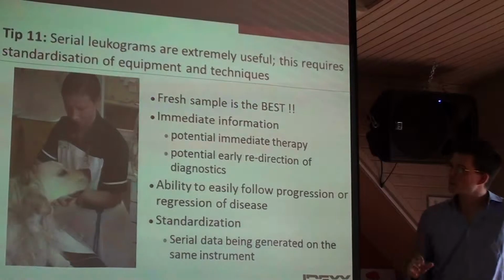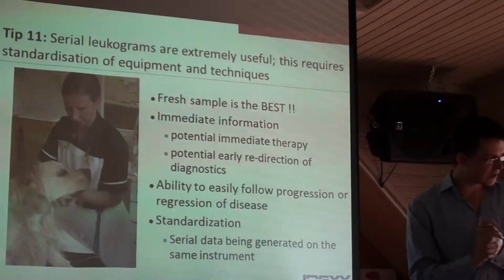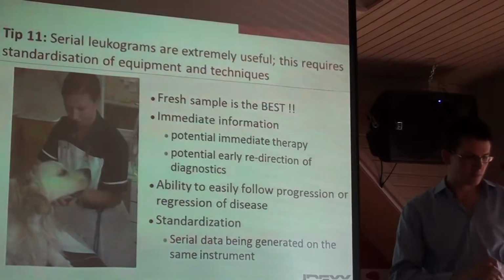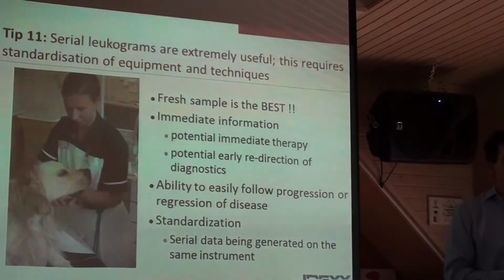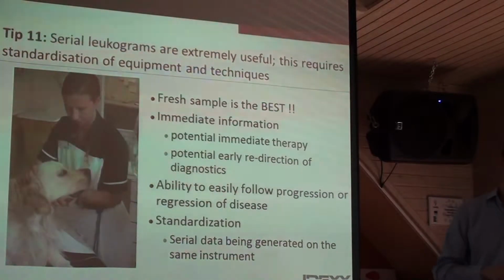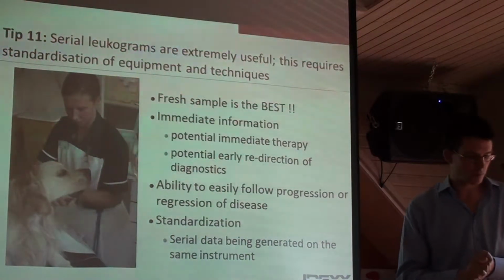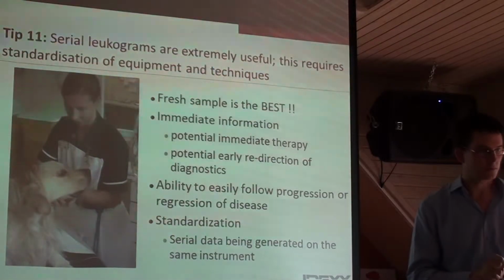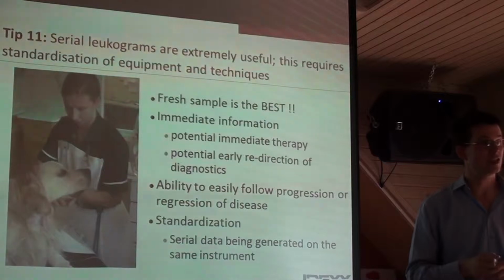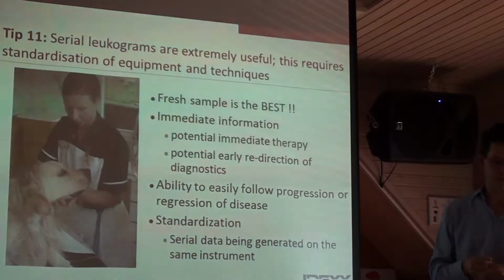So I'd like to finish with this last tip, if I may. Ja viimane näpunäide, which is to look at serial leukograms. Oleks vaadata leukogrammi seeriatena, erinevaid leukogramme ajas. Far more useful than looking at the reference intervals for the patient is to look at the trend for that individual patient.